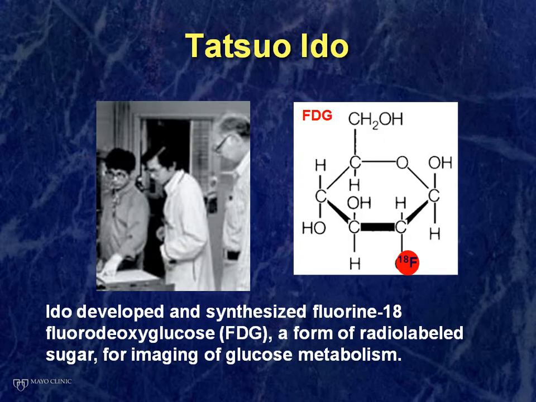So in the 1960s and 70s, they were trying to figure out a way to use this. Dr. Ido found a way to make this glucose radioactive, to make it give off gamma rays like Marie Curie had worked on. And with some of those new machines that Dr. Phelps made, we could make pictures.